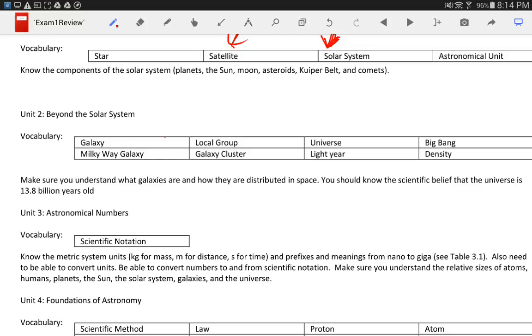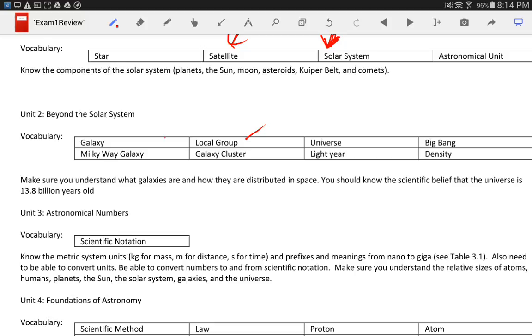Our galaxy is part of a cluster of galaxies called the local group. So the local group is a cluster of galaxies somewhere in the ballpark of 50 galaxies that are orbiting around each other. And I told you right now the Sagittarius dwarf galaxy is inside of our galaxy being torn apart.